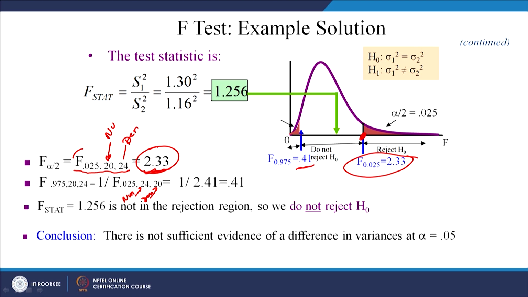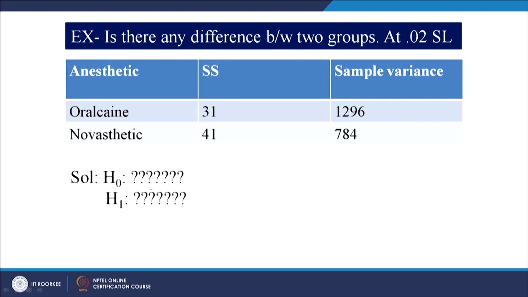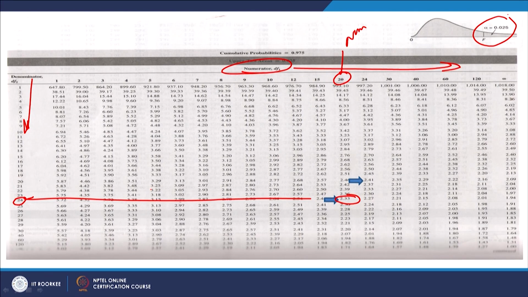So, we will just change the degrees of freedom. Now, let us look at the same table when there are 24 degrees of freedom for the numerator and 20 for the denominator. We go to the same table, 24 numerator and 20 denominator. This is the value 2.41.